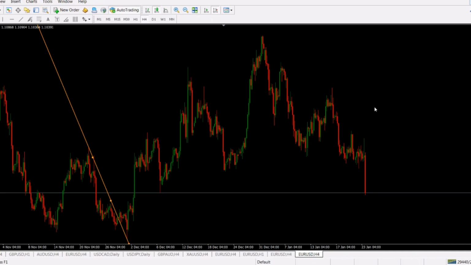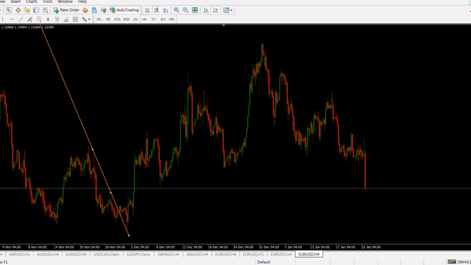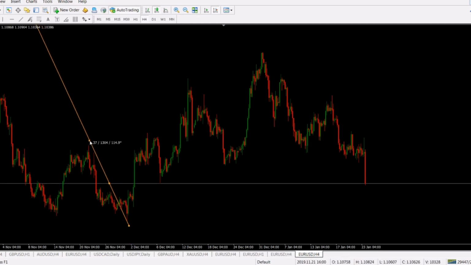But what I want to show you here is that the market behaves, as W.D. Gann used to say, every time in the same way. Every time. Look at this angle. It's always the same. That's important.